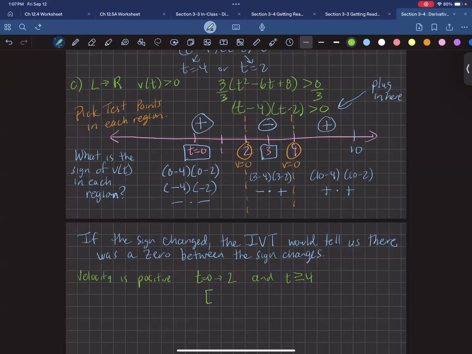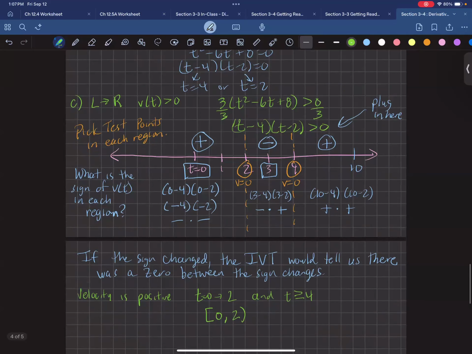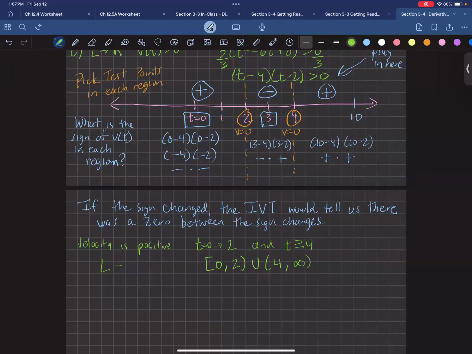In interval notation, we write 0, 2. Was the speed positive at 0? Yes, if I plug in 0 at t, it's positive at 0, so I can use that, in union with 4 to infinity. That's when it's moving from left to right. When its velocity is negative, it's when it's moving from right to left.